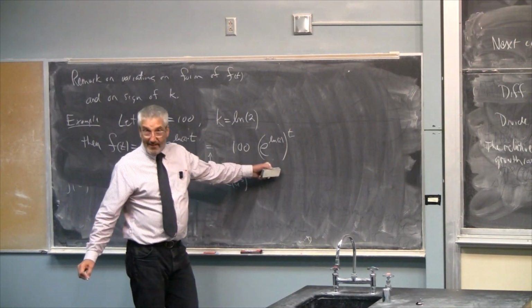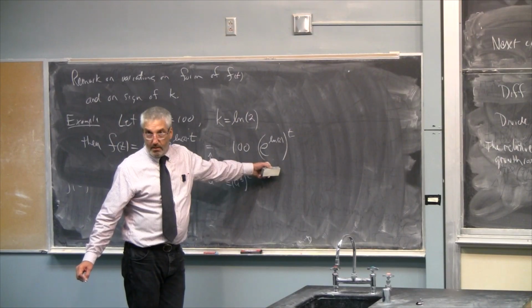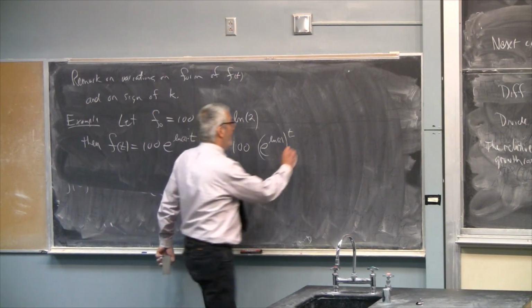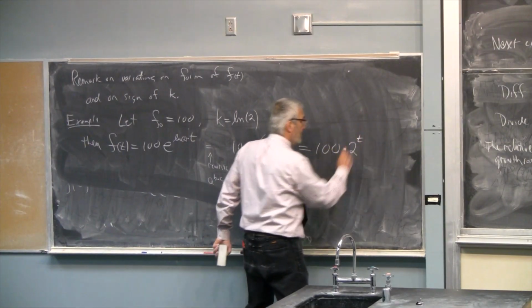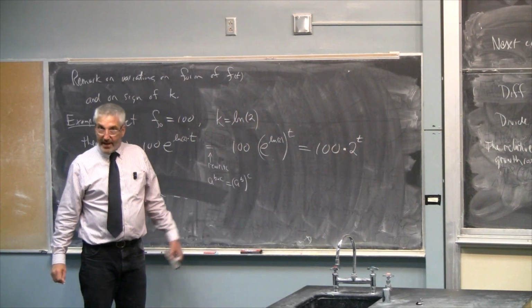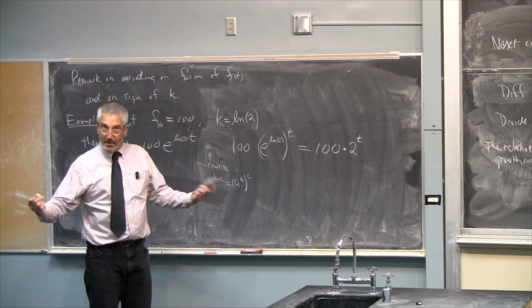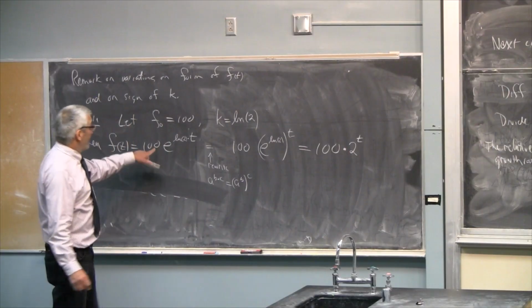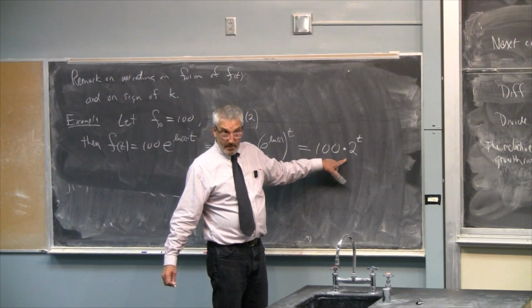But what's e to the ln of 2? Two. Look how different that looks. That's a system exhibiting exponential growth. It's actually of this form, but it's disguised to look this way.